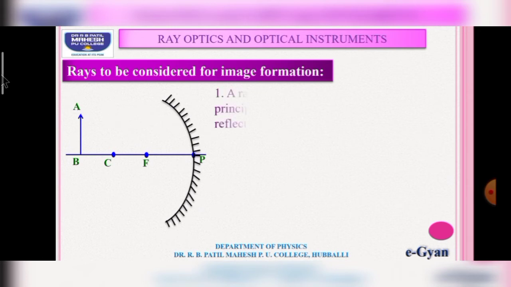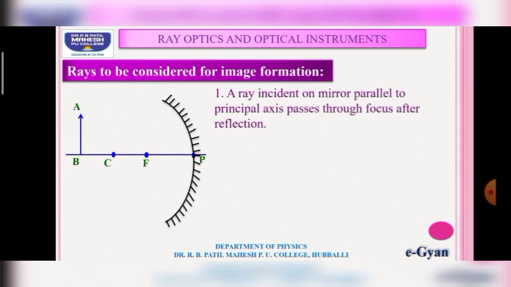First ray: a ray incident on the mirror parallel to the principal axis. After reflection it passes through the principal focus. This is the first ray.